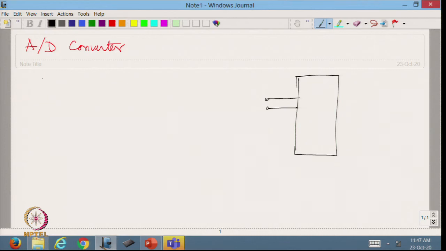So, this is the V input signal to the A to D converter, and each A to D converter is designed to take the V input signal over a certain range. This range could be adjustable, or we could have different A to D converters with different ranges.